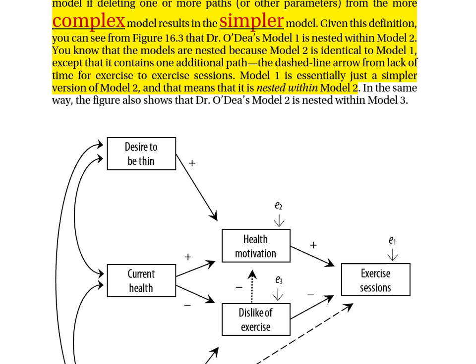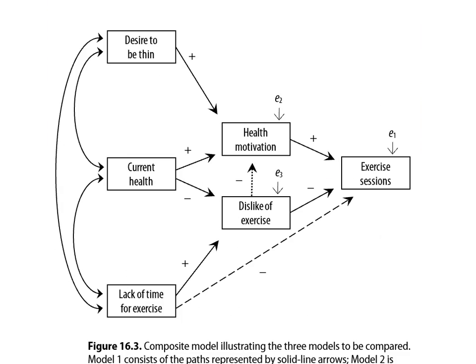What is he talking about? We're on page 21. Let's take a look at this theoretical model. Disregard the dotted line arrow for the moment. Right now, just pay attention to Model 1, which is the model that consists of all of the solid line arrows, and Model 2, which is identical to Model 1, except it also has this dashed line arrow. Model 1 is nested within Model 2.